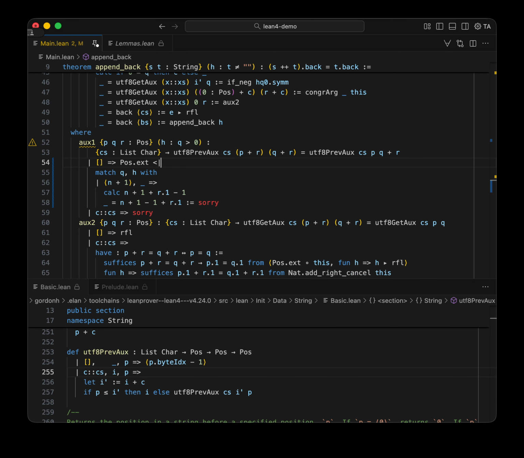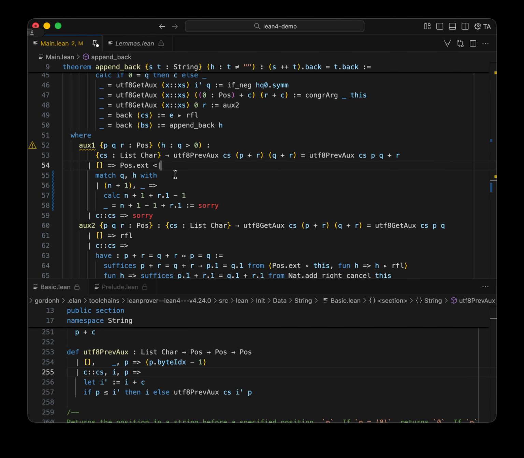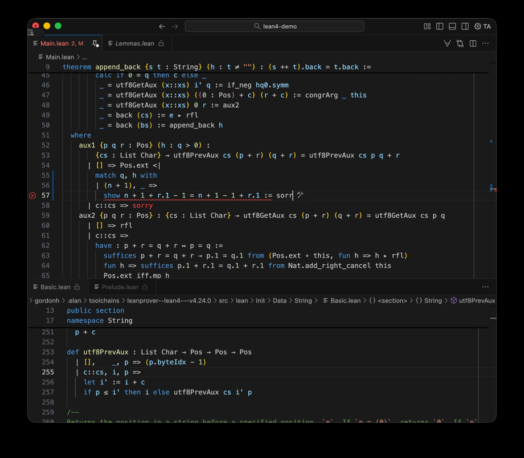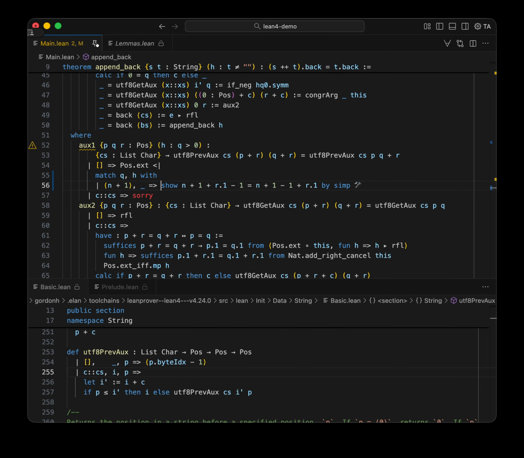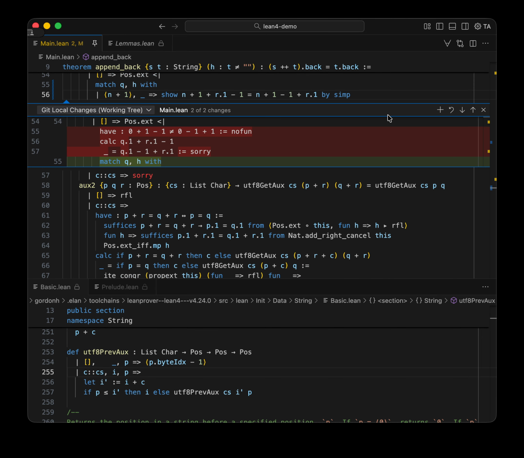Okay, let me just delete this. Absolutely amazing. Okay, you can make this a one-liner. Let me tell you a trick. You can close this with a tactic, the simplification tactic. Oh, awesome. Let's keep it like this. Great.